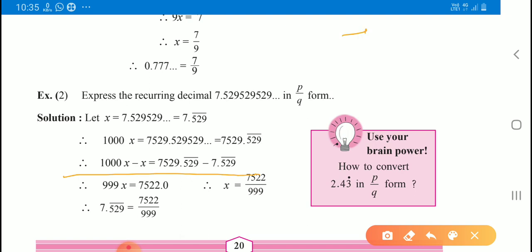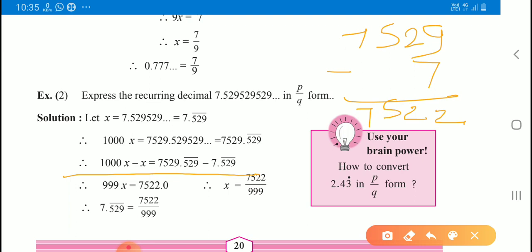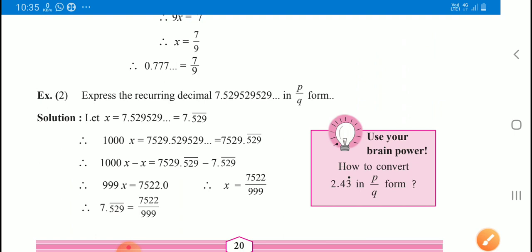So 7529 minus 7, you will get 7522. And the 0.529 and 0.529 will cancel with each other.